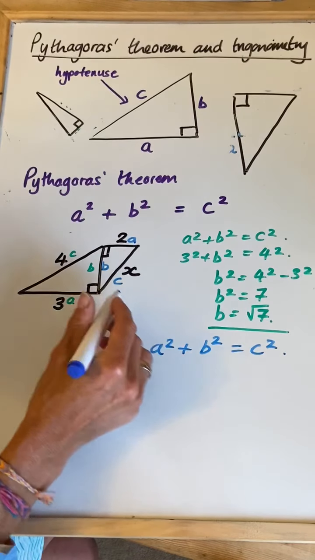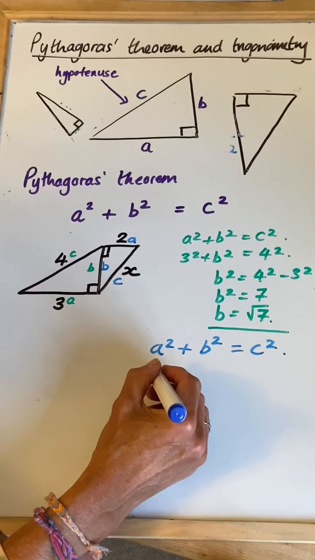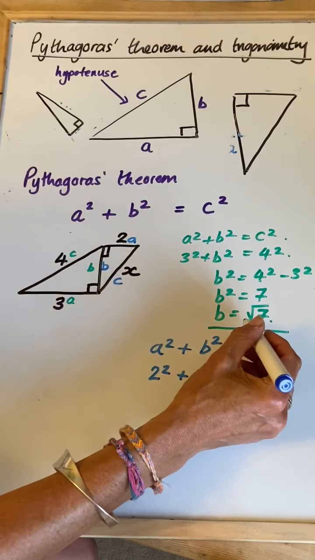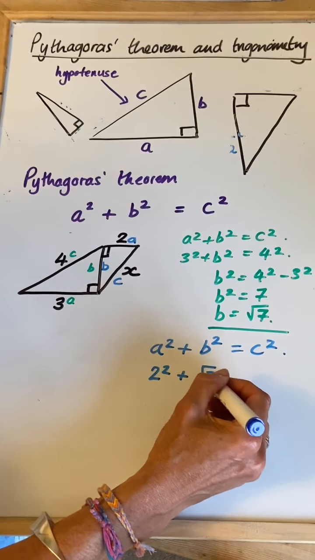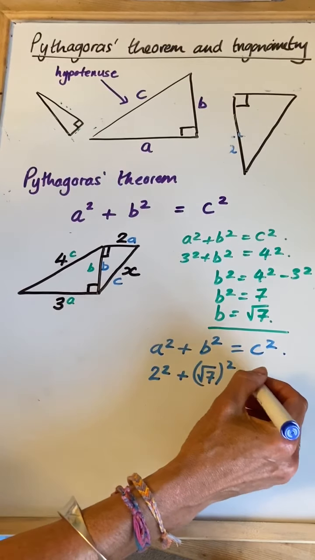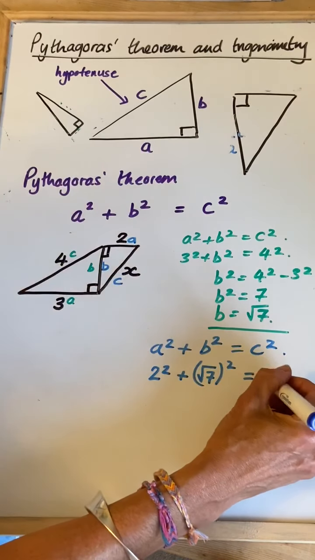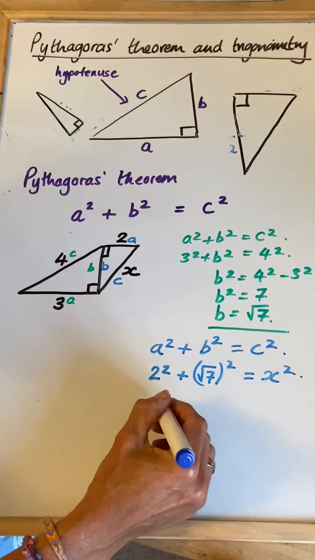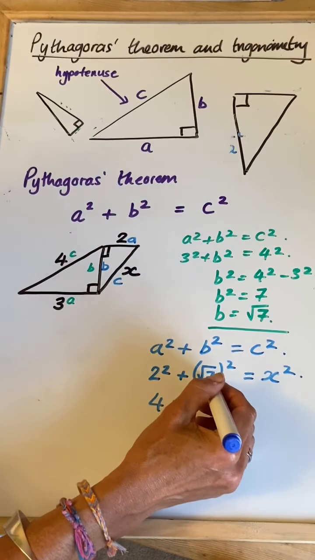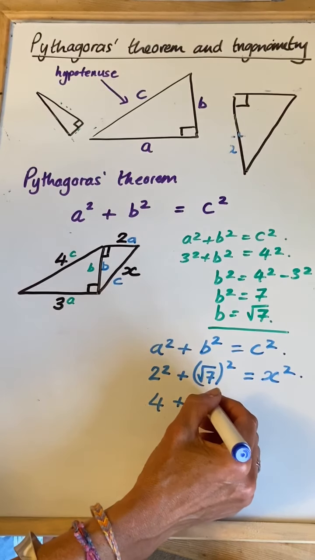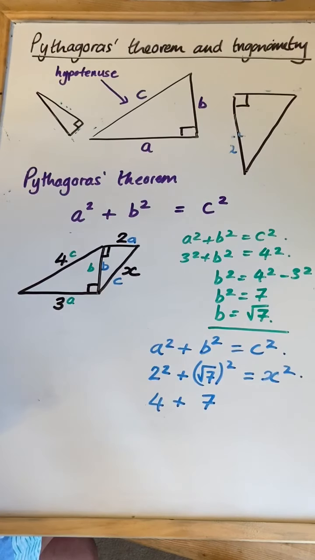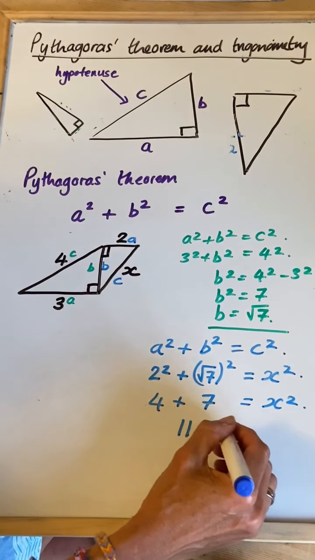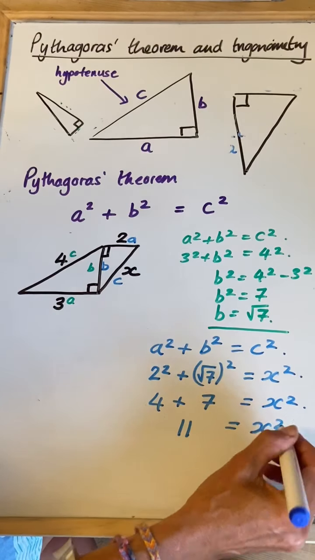Here I've got a being 2, b being the square root of 7, which I'm going to square, and that's going to give me this x value that I'm looking for. So 2 squared is 4. The square root of 7 times the square root of 7 is just 7. And that's going to give me x squared. That's going to give me 11 is x squared.